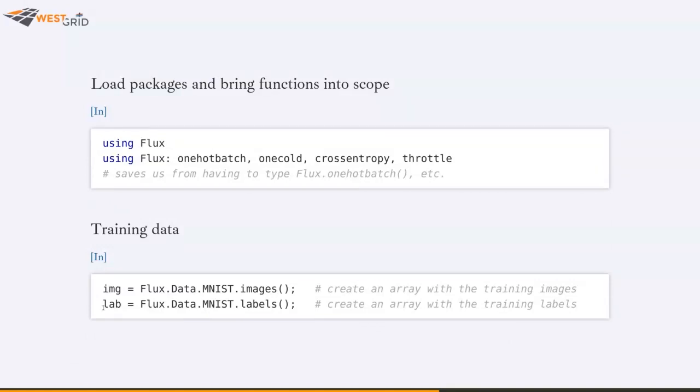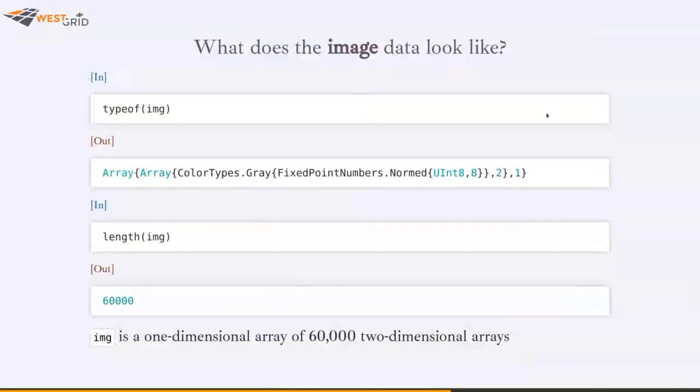So what does the image data look like? We have an array of images and one of labels. Let's first look at the images. Typeof is the Julia function that allows you to see the type of an object. And because Julia is a very heavily typed language, that's something that's always very important.